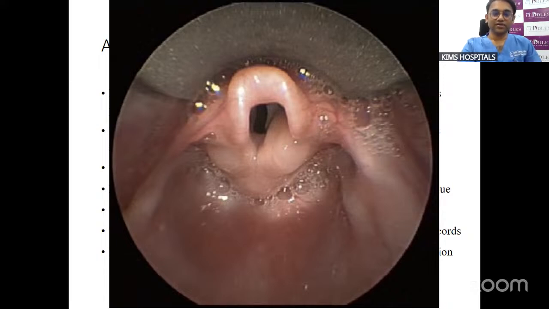Also, the radius of these airways is much smaller, so any small narrowing, whether from secretions or other issues, matters because resistance is inversely proportional to r to the power of 4. So even small changes in the radius can increase the resistance fourfold.